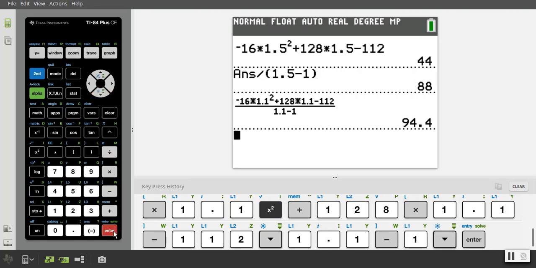Whoa, it jumped up, but that's because I incremented by about 4/10. So it jumped up to 94.4.